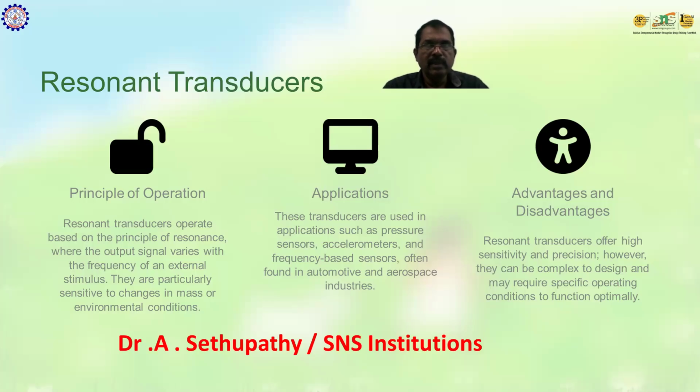The accelerometer is used to find the vibration and frequency of machine shafts. The advantage is high sensitivity and precision, but the disadvantage is complex design, and it may require specific operating conditions.